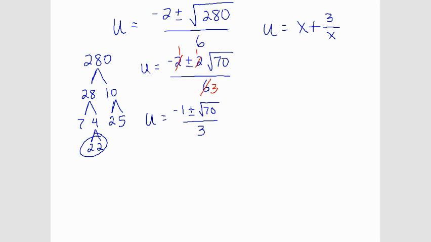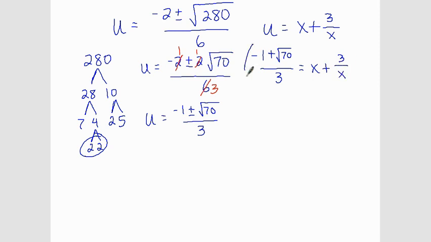Now this is where it gets really hairy, because we've got a very weird looking irrational number to plug into here. So negative 1 plus, I'll start with the plus, root 70 over 3 equals x plus 3 over x, so that we can solve for x.